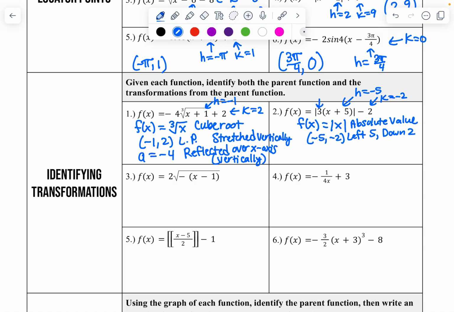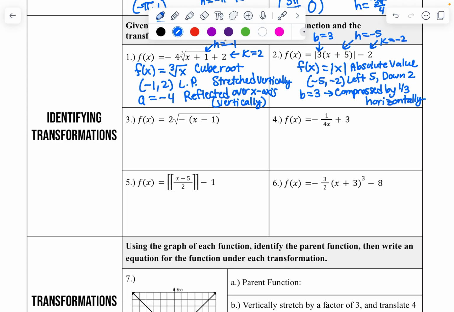And this value, since it's inside, is the b value. So we take the reciprocal, and it would be compressed by 1/3 horizontally, left to right. Because remember, the b value, we have to take the reciprocal of it to determine your stretch and compression in a left to right sense.